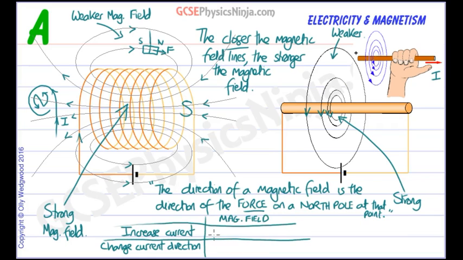Okay, and the answer is if you increase the current, the strength of the magnetic field increases, more lines packed together, and if you change the current direction, then the magnetic field direction also changes. And in the case of a solenoid, that means that the north will become a south and the south will become a north. It'll just flip over.